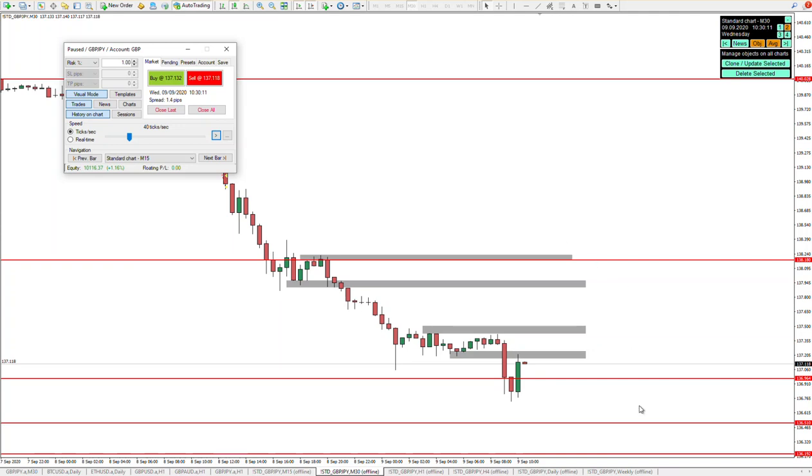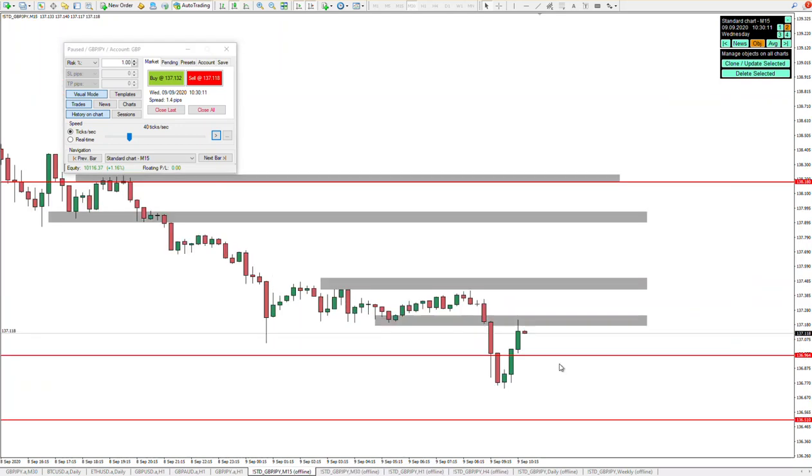Okay. M30 closed. Strong bullish, but below this support. M15 bullish. Kinda rejecting this support.